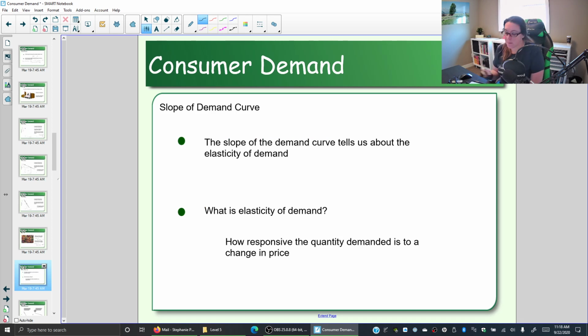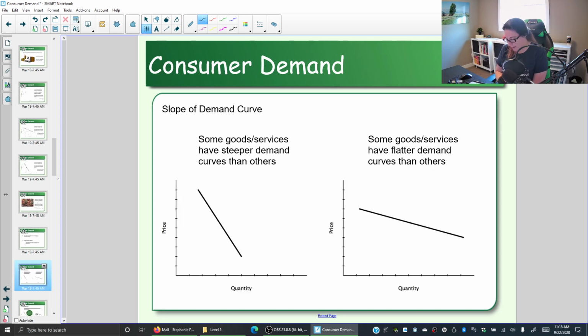Now, the slope of the demand curve tells us about the elasticity of demand. It doesn't tell us the exact elasticity of demand. We'll look at that in a later video. But we can look at the slope of the demand curve to help us understand a little bit more about how responsive our customers are when it comes to the amount they're willing and able to buy, quantity demanded, to a change in price. So let's just look at it from a graphical perspective here.